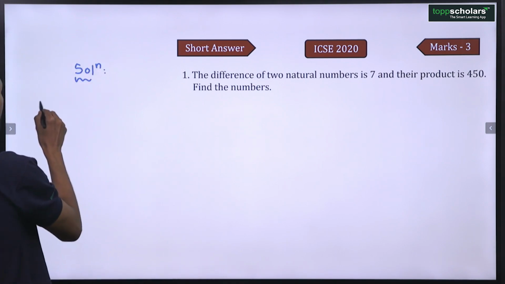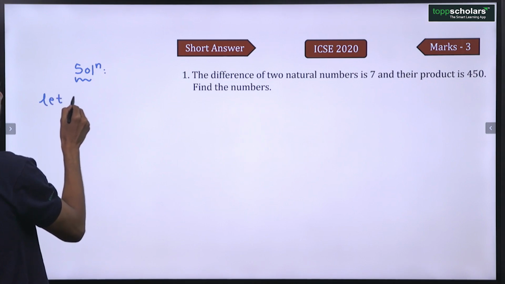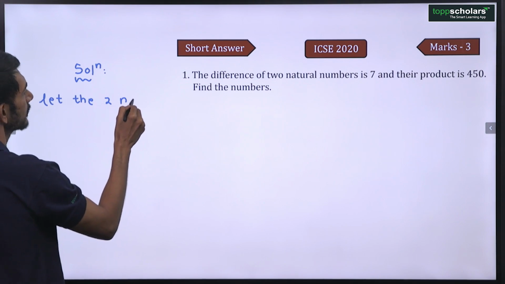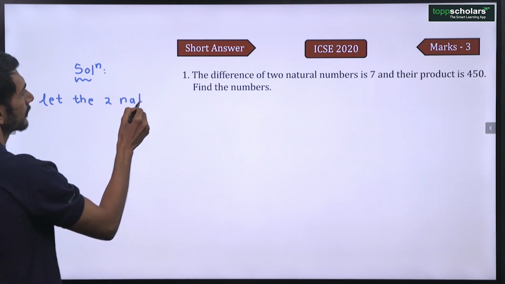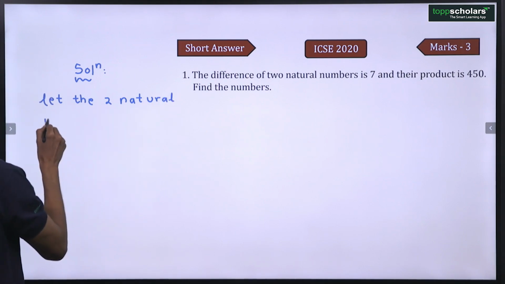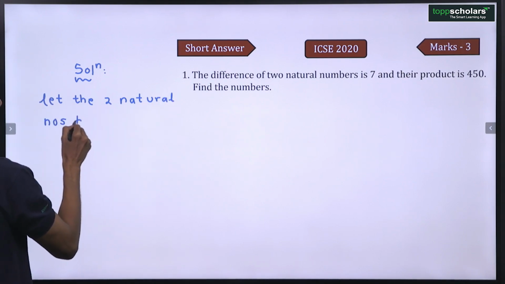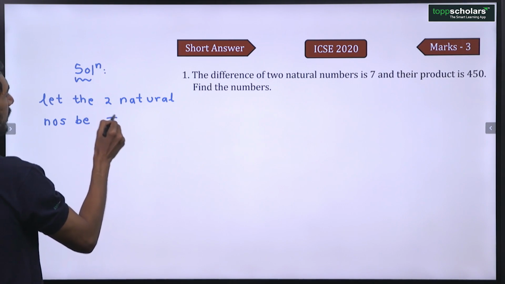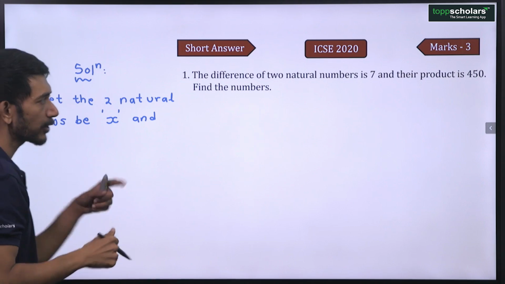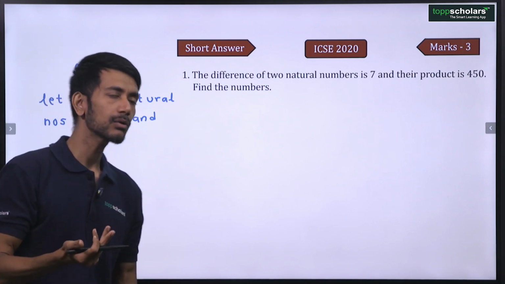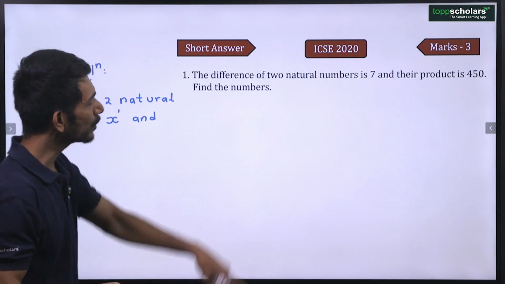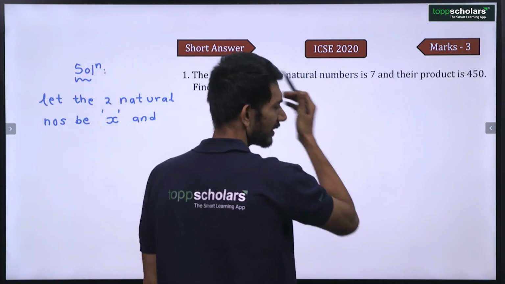So let the two natural numbers be x, and please make a note of this, we cannot take y here because we are talking about quadratic equations. It has only one variable.